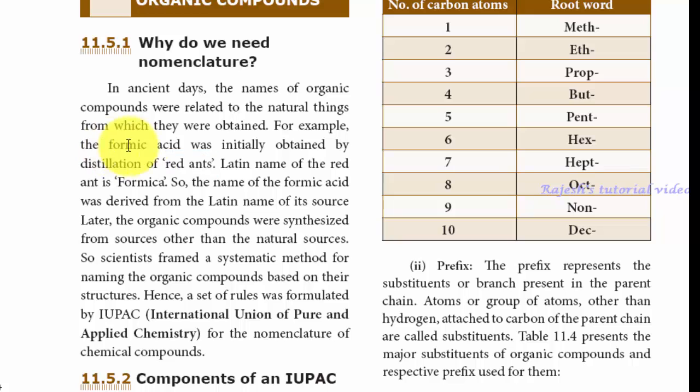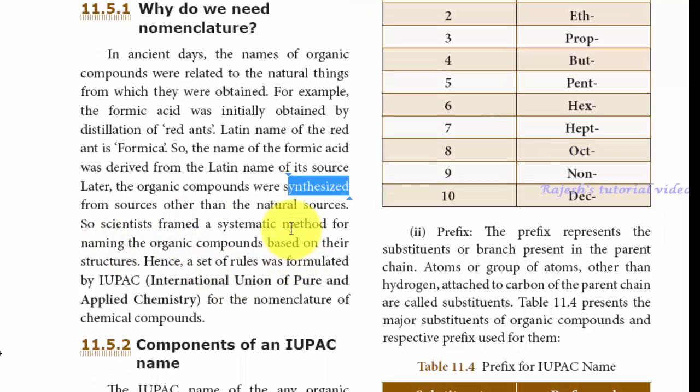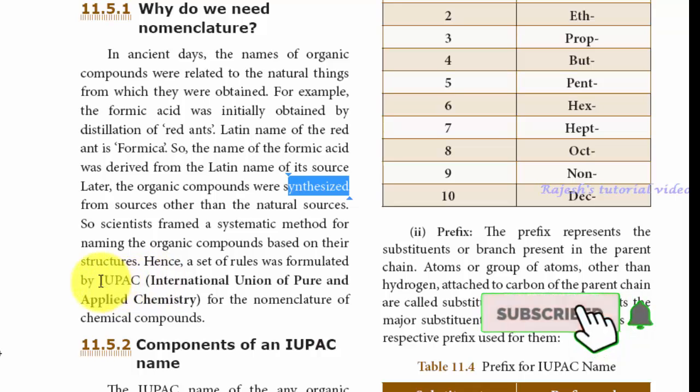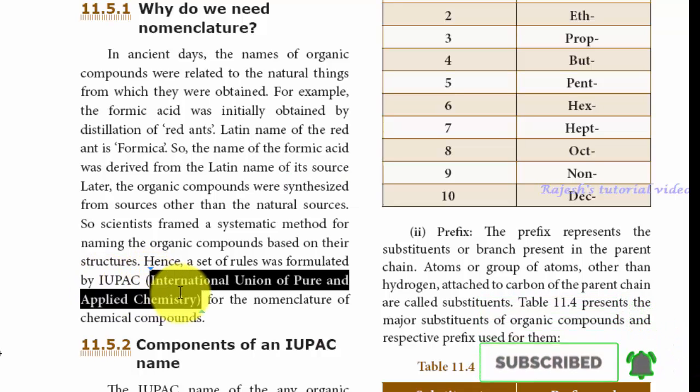And butyric acid was obtained from butter, and so on. But nowadays many organic compounds are synthesized artificially from sources other than these natural sources, so we need a common systematic name, and so scientists framed a systematic method for naming these organic compounds based on their structures.